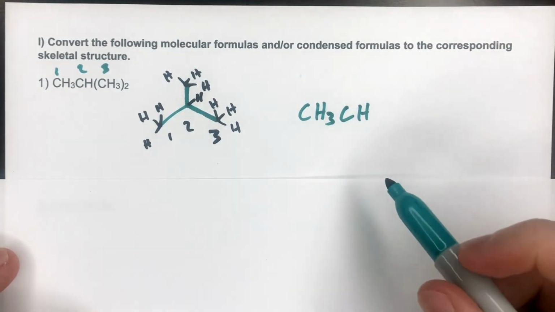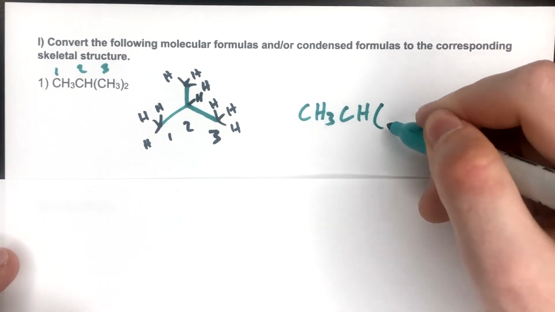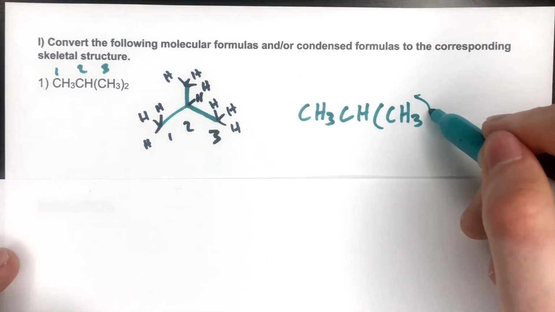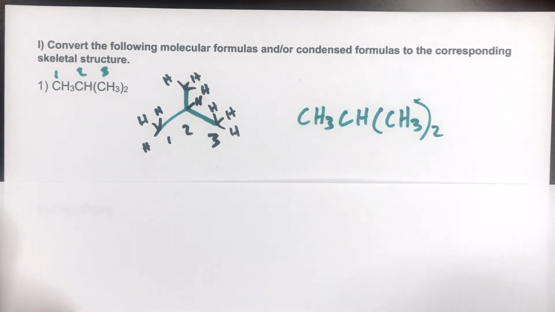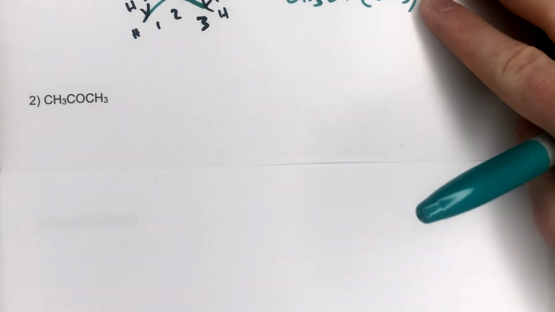And then there's 2 methyl groups bound to the CH, which is carbon number 2, and that's why we put it in parentheses to represent that it's bound to that position. And there's 2 of them. So this confirms that it is in fact the correct skeletal structure from the condensed formula. This takes a lot of practice, so just bear with me and keep working through these and it'll begin to make sense. Okay, so jump right into the next one.